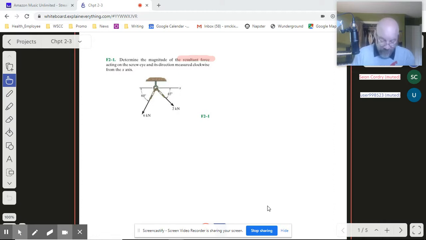The other thing I want to point out to you is the word magnitude. With a vector, as you may already know, there is both an amount and a direction. In physics, we might say you're going 60 miles an hour east.